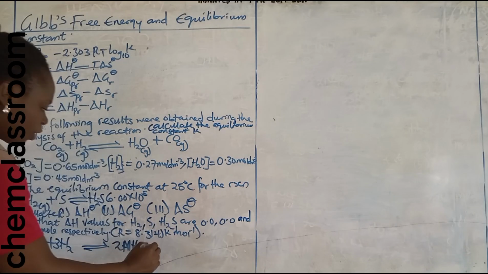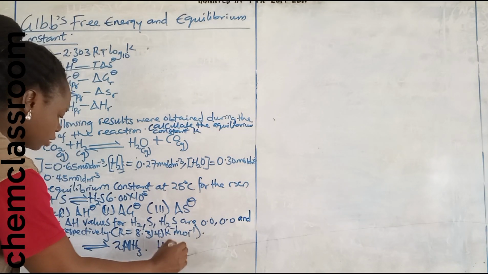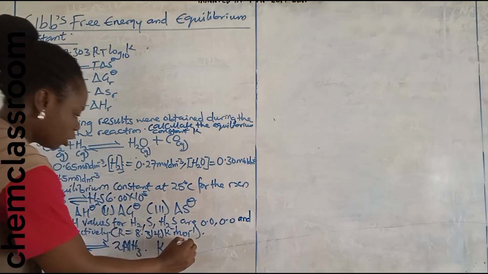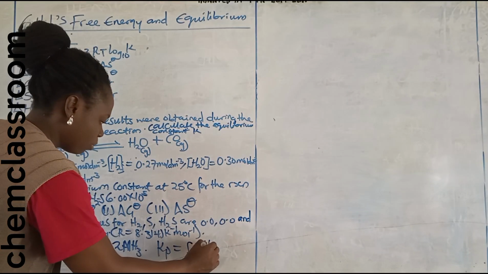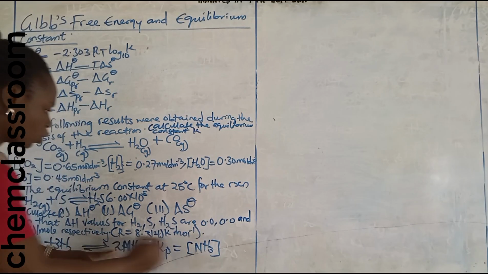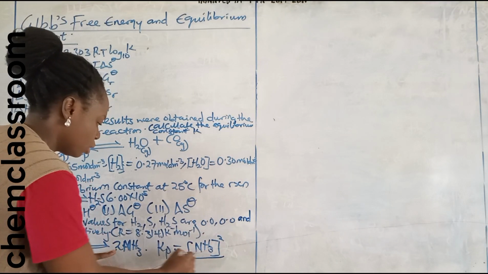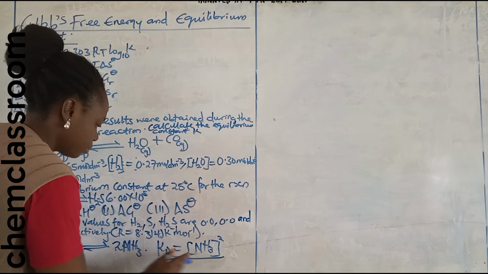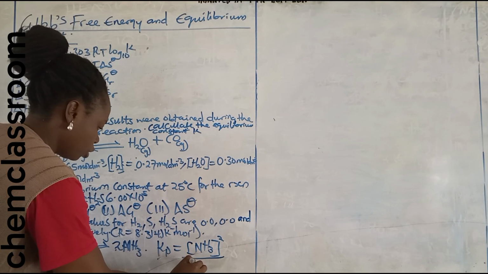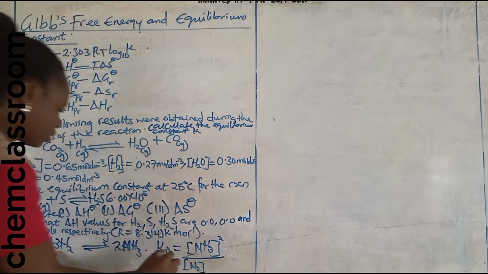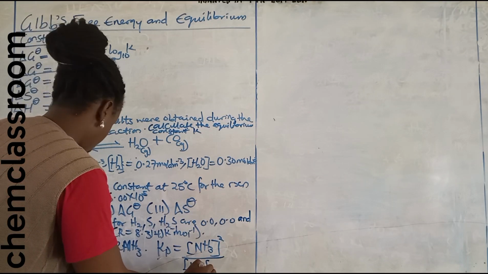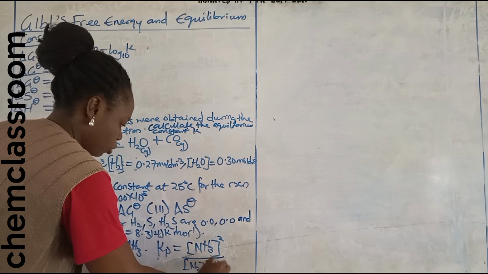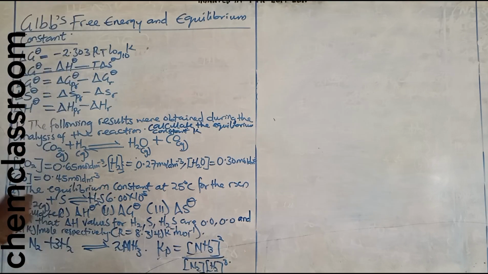So my Kp, which is the equilibrium constant, will be what? The product now have the concentration of the ammonia raised to power what? 2 divided by what? My nitrogen concentration in square bracket, please. Then the hydrogen concentration raised to power of what? 3.